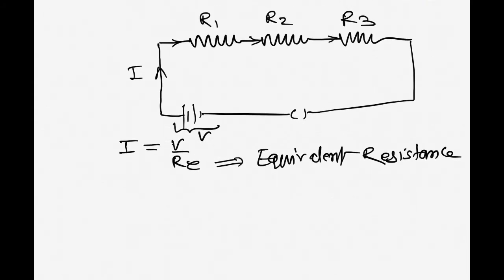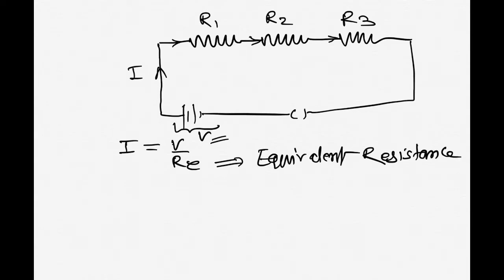So here are two things. One is that the current I flowing through each resistor is the same because there is only a single path. The second thing is that the total voltage of the energy source, the battery, will be distributed among these three resistors.